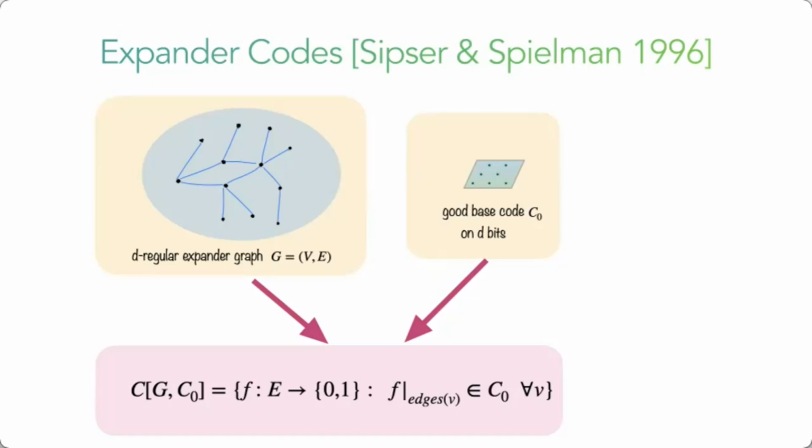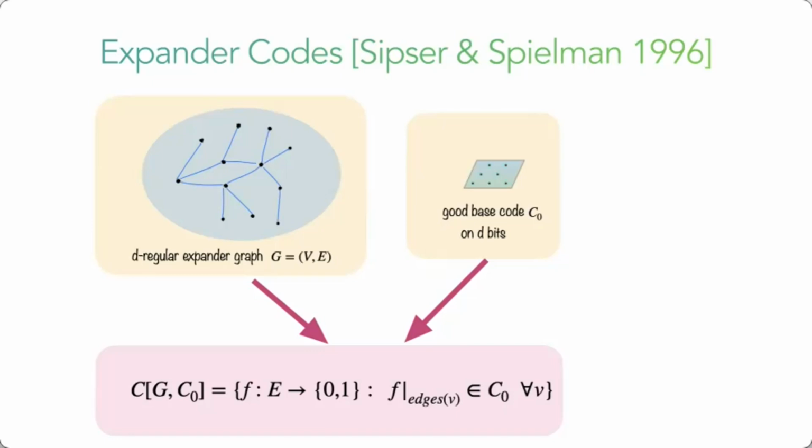For example, if C naught was just the subspace that said all the strings need to be even, so the sum of the bits is 0 modulo 2, then all I'm testing is that for every vertex, the sum of the bits around this vertex is equal to 0 modulo 2. But if C naught has some other constraints, then I'm checking a few constraints at every vertex.